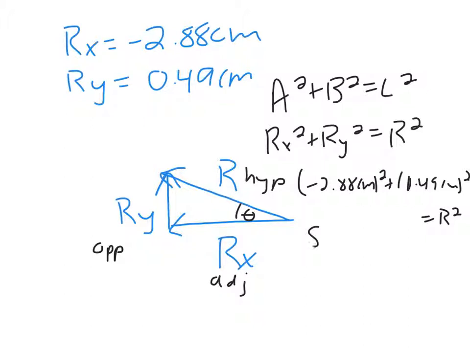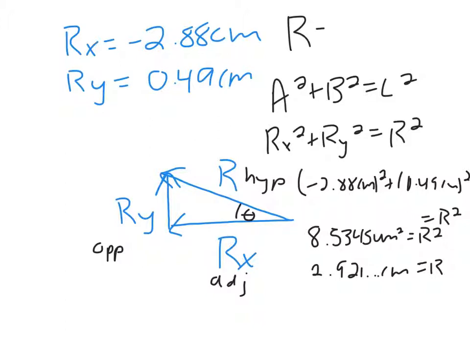This gives us 8.5345 centimeters squared for r squared. And then take the square root of that number. 2.921 keeps on going centimeters would be my resultant. So r equals approximately, and we'll just do 2 decimals, 2.92 centimeters for the magnitude.